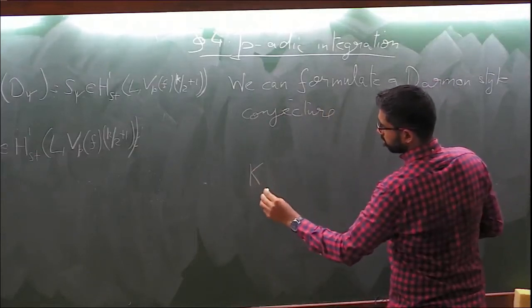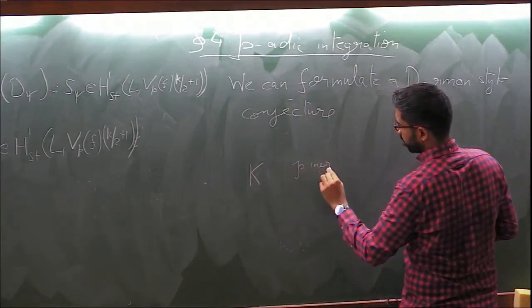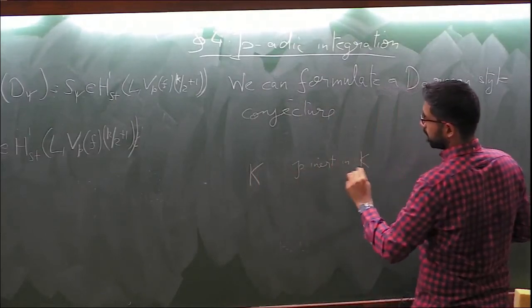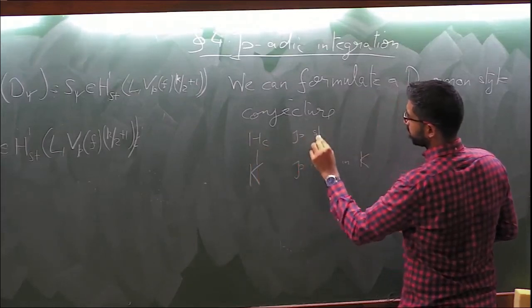So my field K, so P was inert here. Hc is some ring class field over K, so P splits completely.